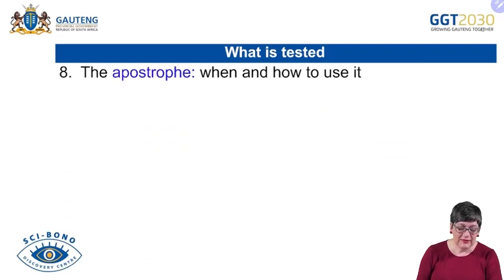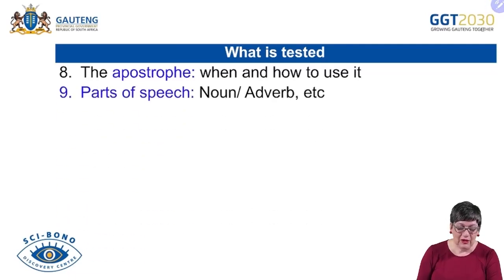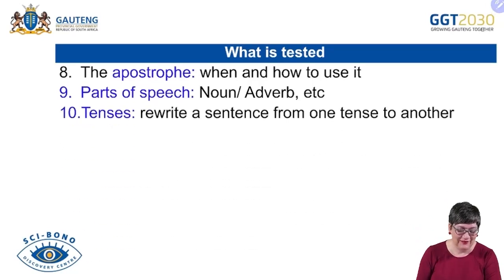If we go on, you'll see that we're going to look at the apostrophe today as well. When and how to use it. And we're going to look at parts of speech. So this is our focus for today. We're going to look at parts of speech, at concord, and the apostrophe. Tenses, you'll be required to rewrite a sentence from one tense to the other.